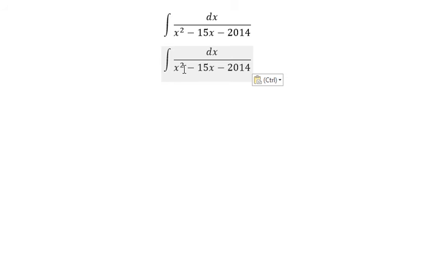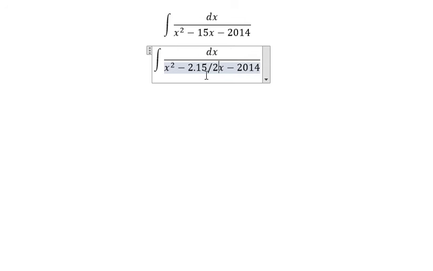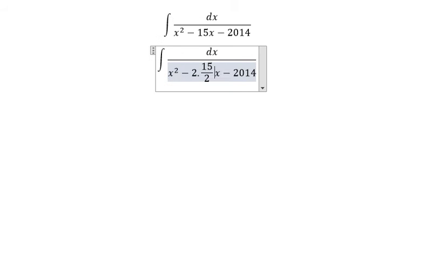So we have x to the power of 2 and negative 15x. About this one, we can put 2 multiplied with 15 over 2. So in here we should have about 225 over 4.